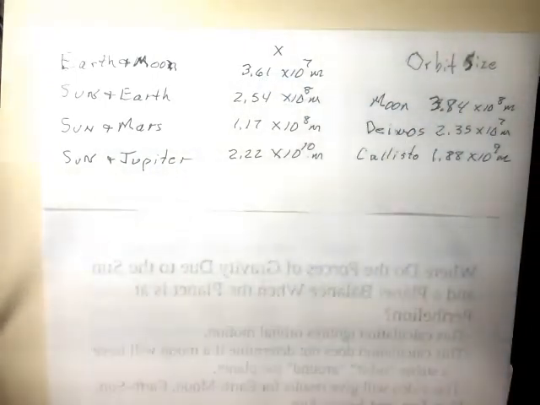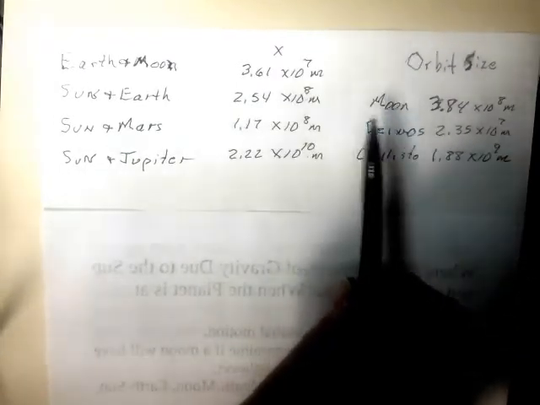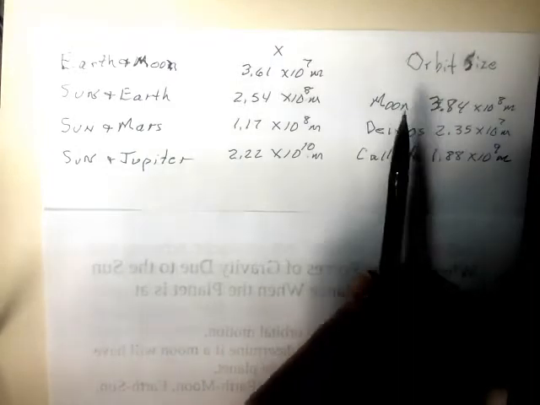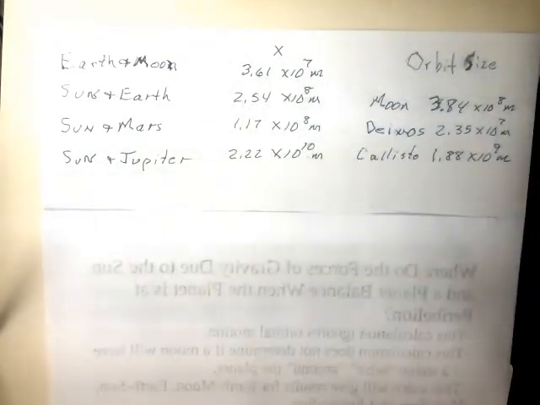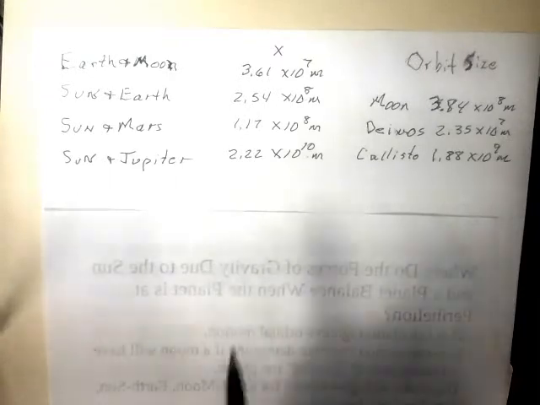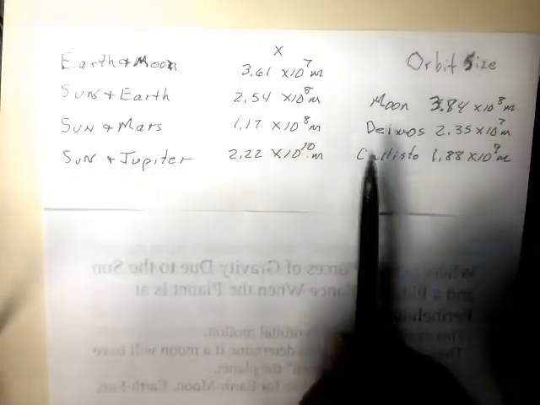So that might give you a little pause here. How can this object be so far away from this balance point? Isn't it too far away from the Earth's control? I'll get to that in just a minute.